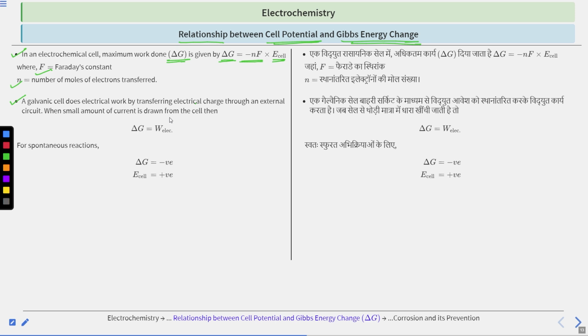When a small amount of current is drawn from the cell, then del G will become equal to the work done by the electricity. And for spontaneous reactions, del G is negative. So E cell is positive, because del G becomes negative and we have minus N already here. So E cell should be positive to give the negative value of del G. So for a spontaneous reaction, del G is negative and E cell will be positive.